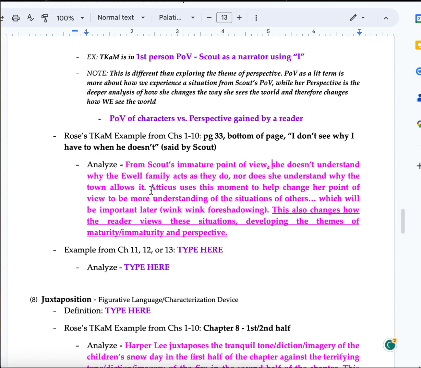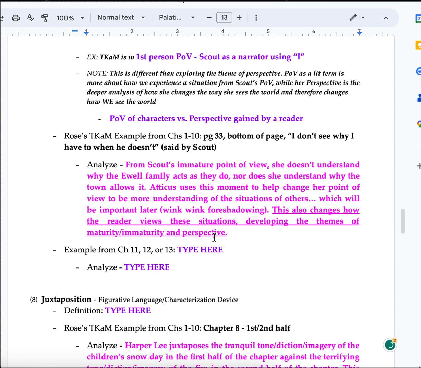Atticus uses this moment to help change her point of view to be more understanding of the situations of others, which will be important later. Wink, wink, that's some foreshadowing. This also changes how the reader views these situations, developing the themes of immaturity and maturity and perspective. Because as we see Scout changing her point of view, right, our perspective changes.